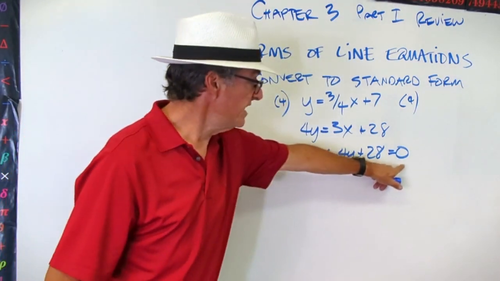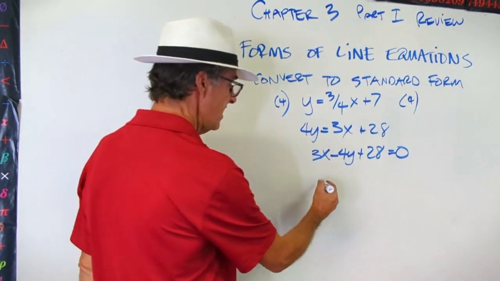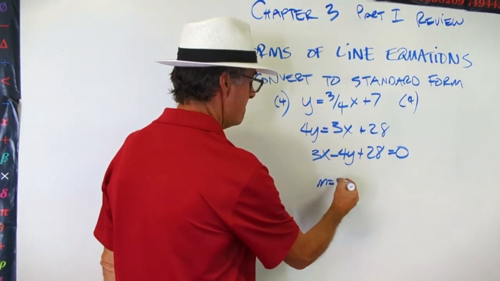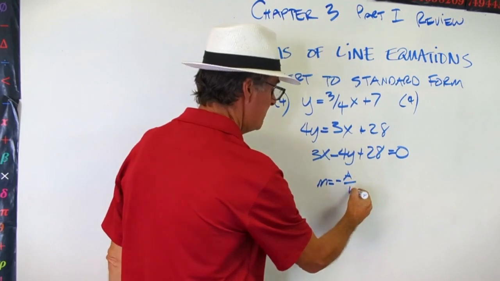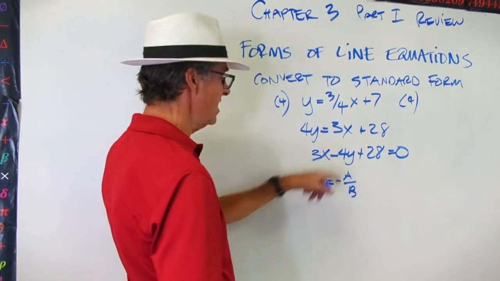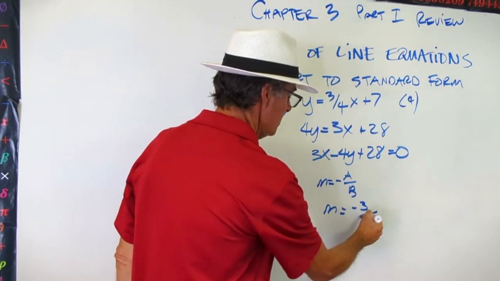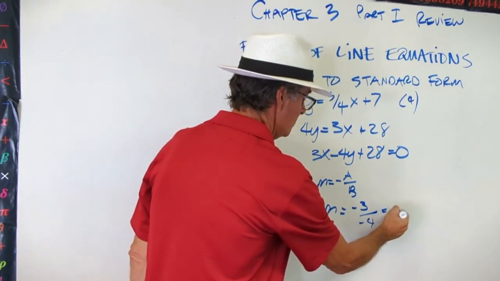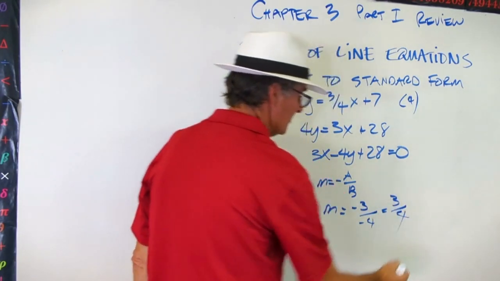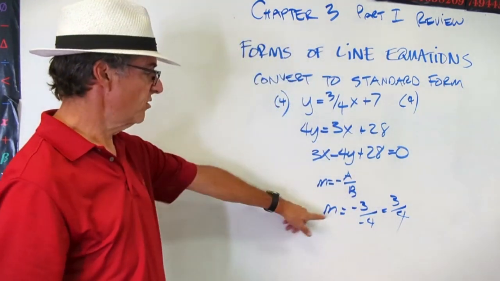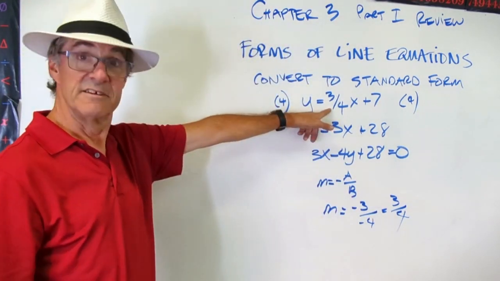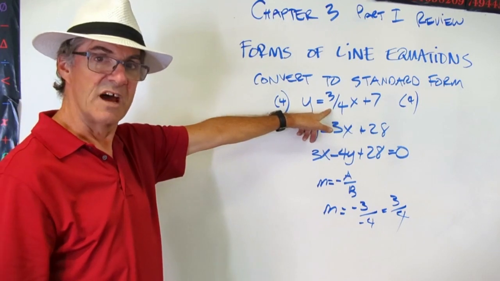You can get the gradient right out of here. The gradient is -A/B. Here's my A, here's my B. So the gradient is -3 over -4, which is 3/4. So this line has a gradient of 3/4. And oh, guess what? That's where we started from. So we know we did that right.